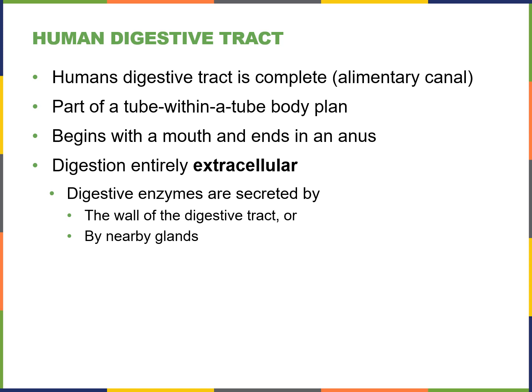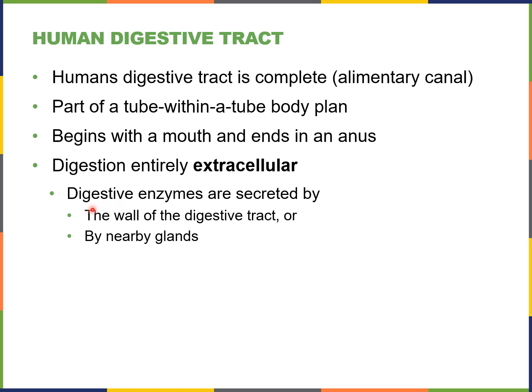Okay, and then going into the human digestive tract, again, it is complete. We do have an alimentary canal. It's part of a tube within a tube body plan. And as you know, it begins with your mouth and ends with your anus. And it's entirely extracellular. So this is important because it is different than other animals, but we'll keep it confined here to humans.